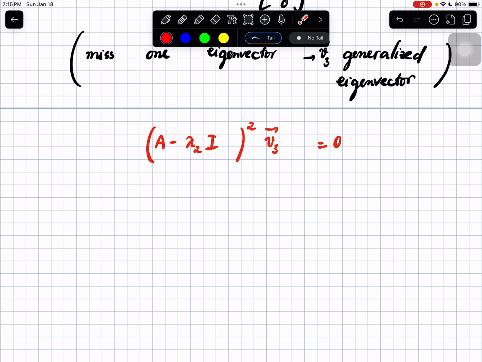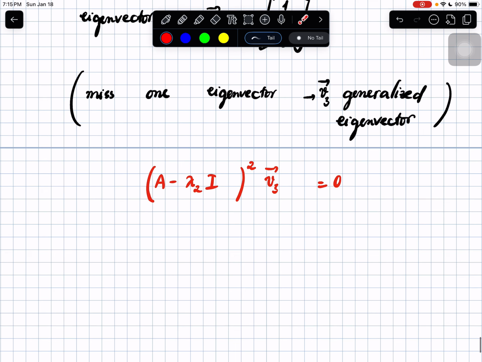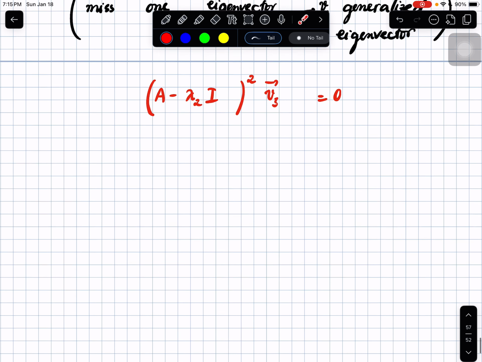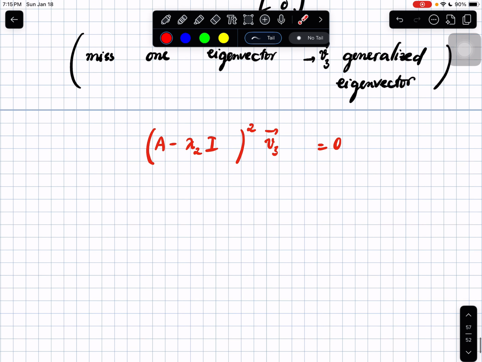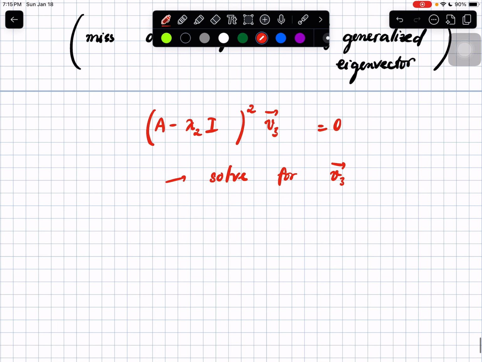It's not the case now when we have a 3 by 3 matrix but we miss only one eigenvector. So this matrix squared is non-zero. So one way you can do that is solve this. That is method 1. Solve for V3, and make sure that V3 is independent from the actual eigenvectors.